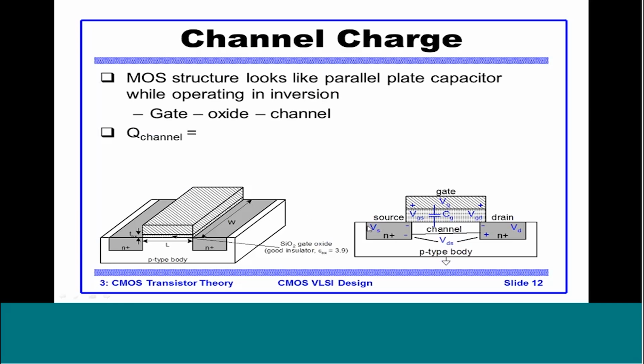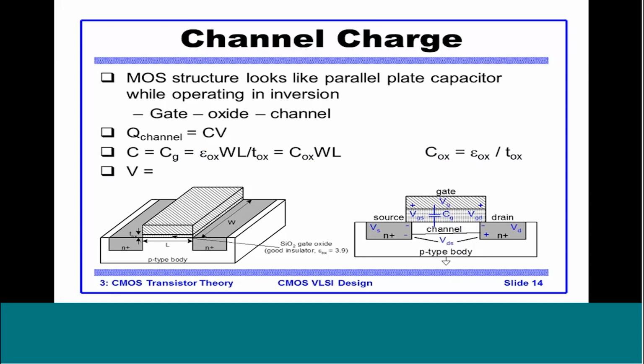Just focus on the figure here. The Cg is nothing but the gate capacitance. So the charge in the channel, Q is equal to CV, a very famous equation. The capacitance of a parallel plate capacitor, or Cg, the gate capacitance, is epsilon ox, which is the oxide parameter, times WL, the area, divided by the thickness of the oxide.